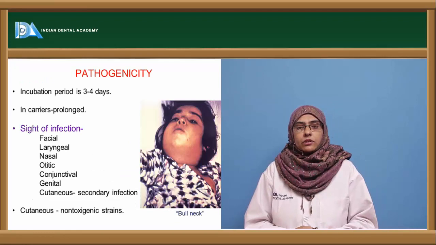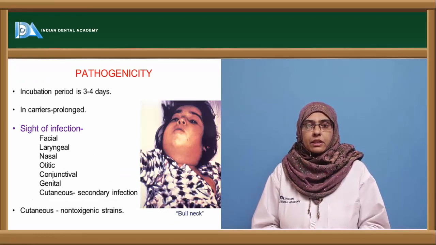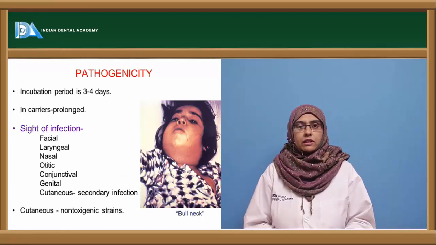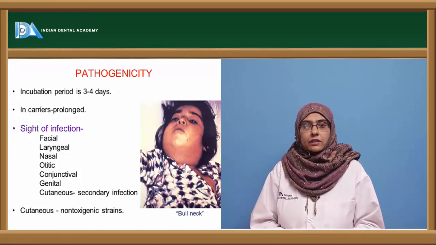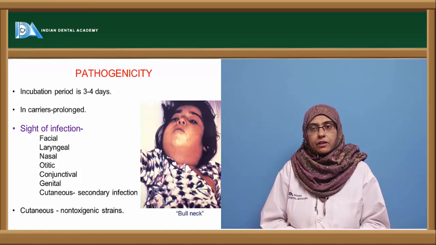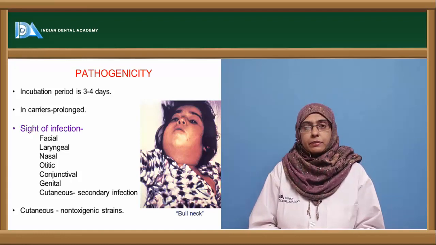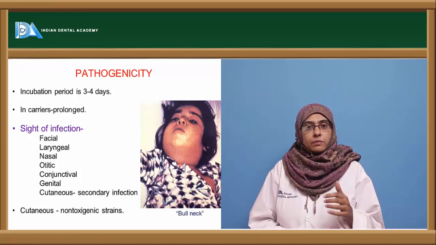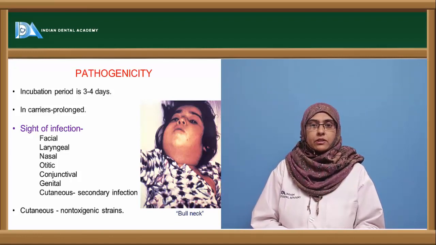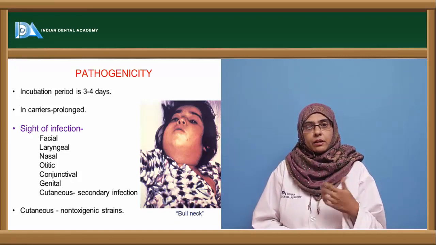Now coming to the pathogenic effect of this organism, that is the pathogenicity, which is another important characteristic feature of this organism. The organism has an incubation period of around 3 to 4 days, or sometimes a single day, where the person is immunocompromised or has a weak immune system.